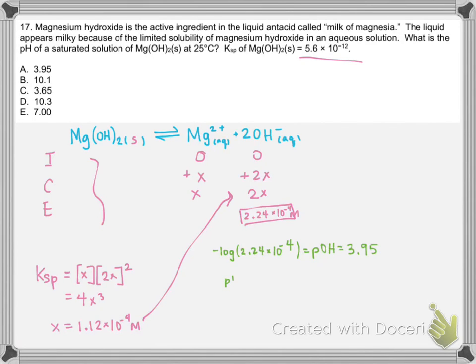So our pH is going to be equal to 14 minus 3.95, which is going to be 10.05, which corresponds to answer choice B. And we could have ruled out most of these answers because we know the magnesium hydroxide is going to be basic, so our pH should be greater than 7, and it is.